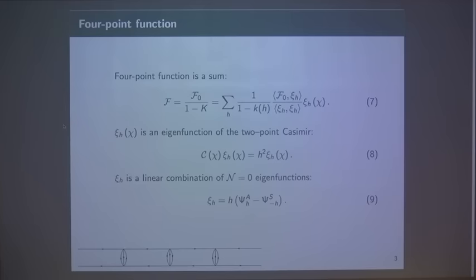And the fun thing is that these eigenfunctions are just simple linear combinations of the eigenfunctions of the non-supersymmetric SYK model, the usual SYK. So the sum here is over h for which Xi_h is normalizable. In particular, it means that h is either purely imaginary or integer, which means that this sum actually was an integral over the imaginary axis.